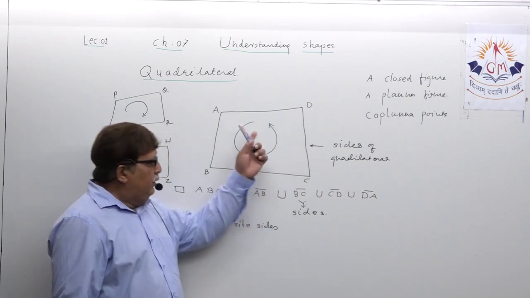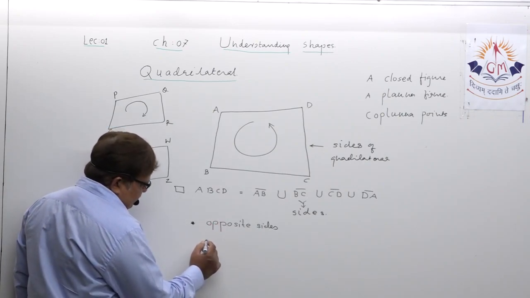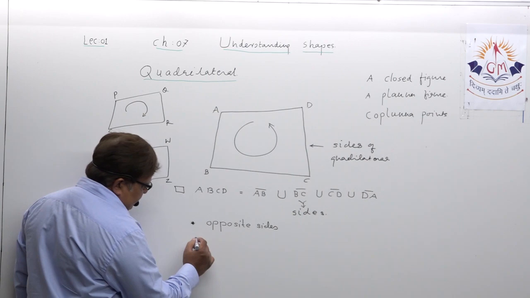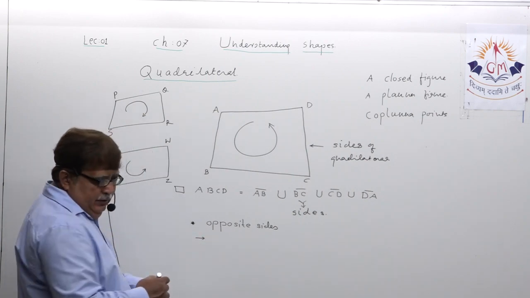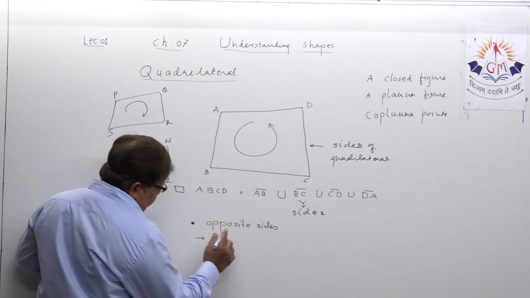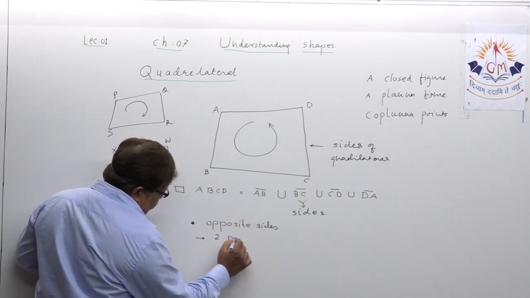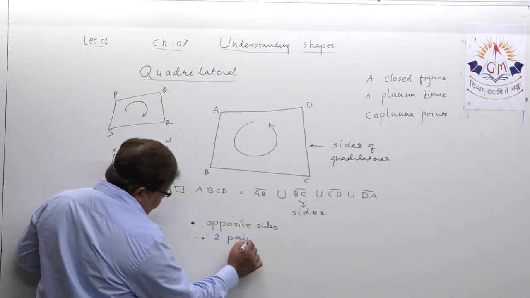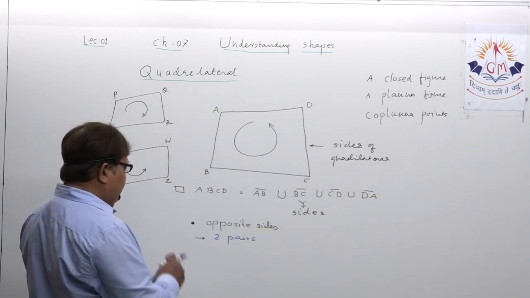AB and CD, AD and BC. So dear student, you can write this way. A quadrilateral has how many pairs of opposite sides? Two pairs. Okay. This is also you need to remember. A quadrilateral has two pairs of opposite sides.